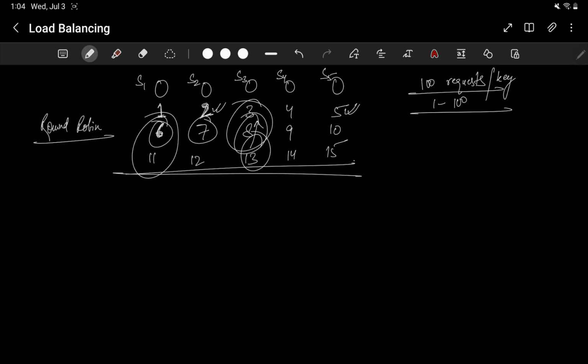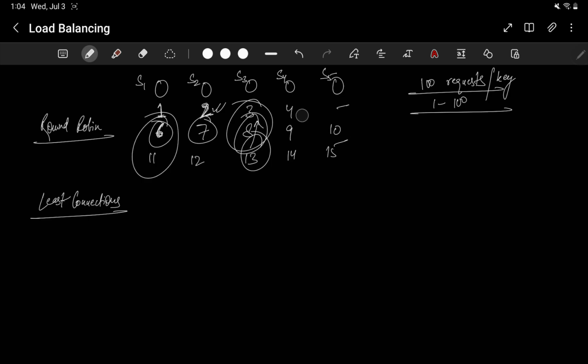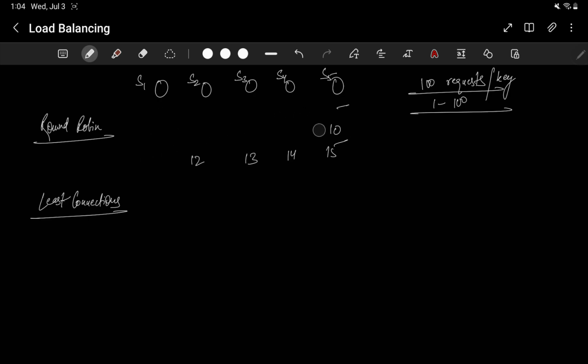Next, we have the least connections method. We assign a key to the server with the fewest active connections.